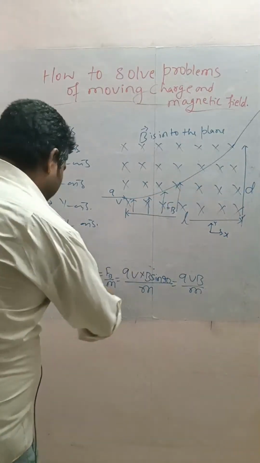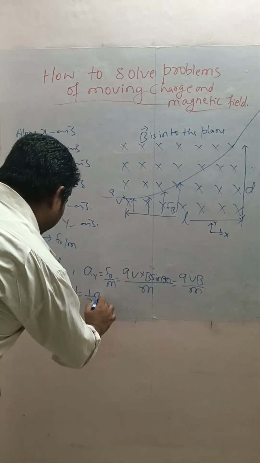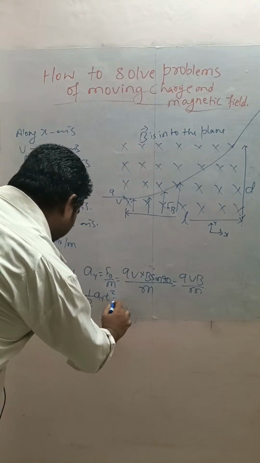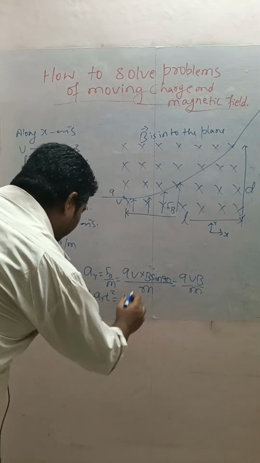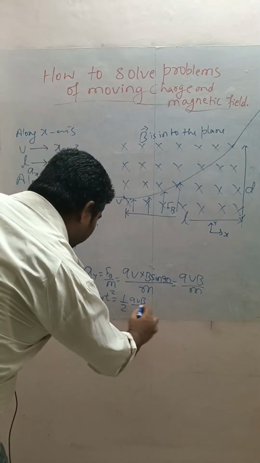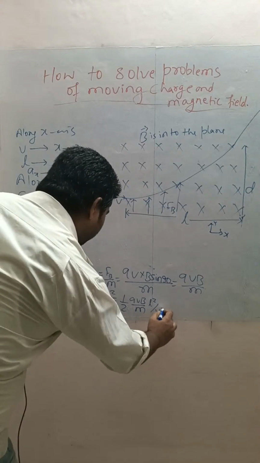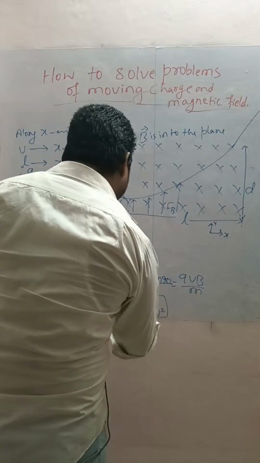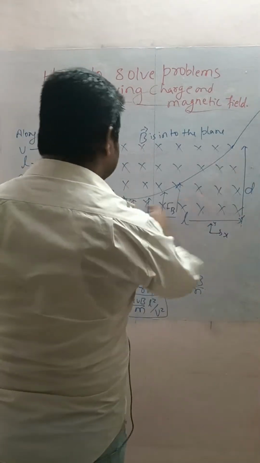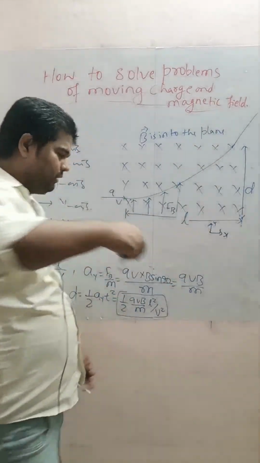So D equals half AY T square. That is half, for AY put QVB by M, and T square is L square by V square. That's the value of the vertical deflection. This is how much it will deflect from its horizontal path to vertical.